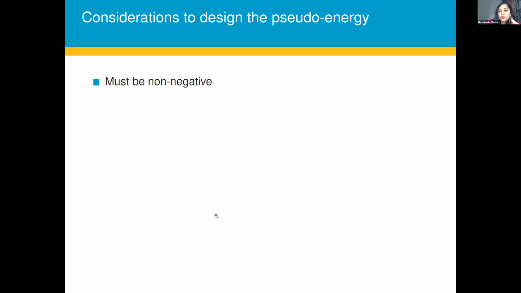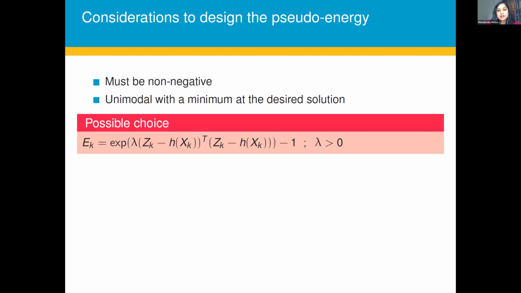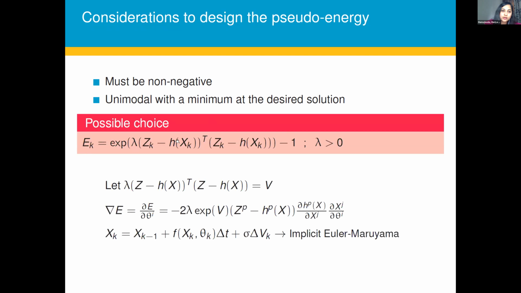But first, the question is how to define this energy field. So since it's pseudo energy, there are basically infinite ways to define that, but certain points must be kept in mind. So since it's an energy-like quantity, it should be non-negative. And ideally, it should be a unimodal function with a minimum at the desired location. So any convex function should be a good choice. And one possible choice that we are working with is this expression. So if I call this expression inside the exponential as v, which is a squared error-like quantity, this is what the gradient of E looks like.